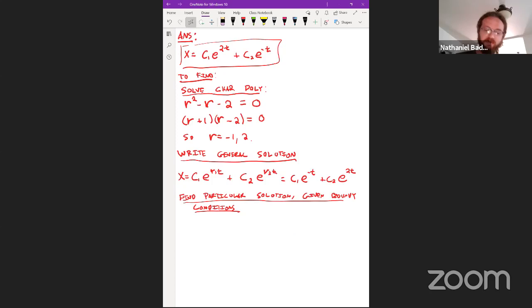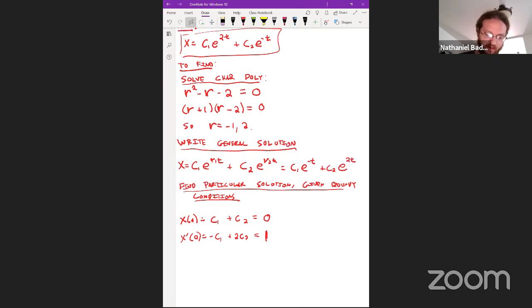So we have our general solution, and let's look at x of 0, which of course is just going to be c1 plus c2, and we assert that that's equal to 0. And x prime of 0 is going to just be the derivatives, so minus c1 plus 2c2, and we assert that's equal to 1.